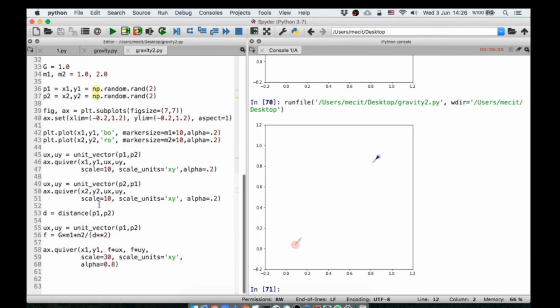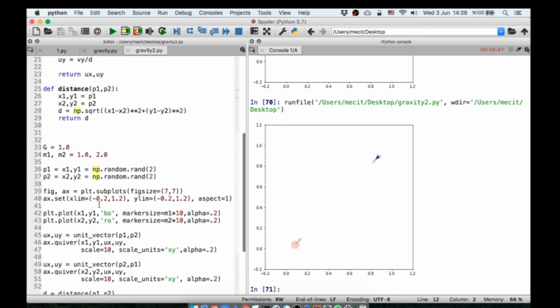So I would like to do this in a function. Here I can do a function like this. Define force between P1 and P2. Of course, then you need two masses as well, M1 and M2.